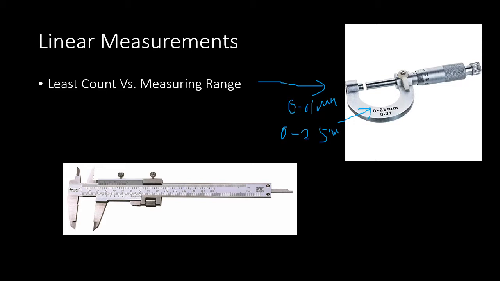However, if you look at a vernier caliper whose least count is on the order of maybe 0.1 mm, can measure over a range of 0 to 150 mm. Okay. So if you are going for a measuring instrument whose least count is higher, then you can measure over a higher range, a wider range, okay, as compared to an instrument whose least count is less, measures over a narrow range, just like micrometer screw gauge.